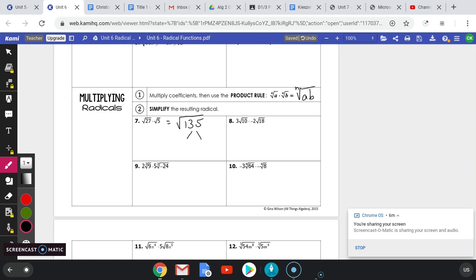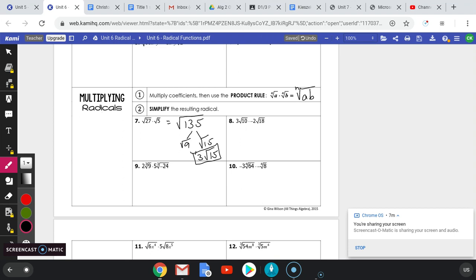If I do the math here, it looks like 9 is the biggest perfect square that goes evenly into it, and then I have 15. Well, what's the square root of 9? 3. And then the square root of 15 comes along for the ride.